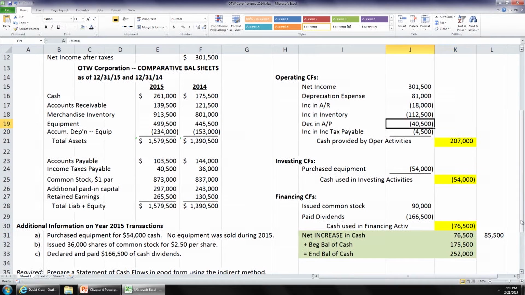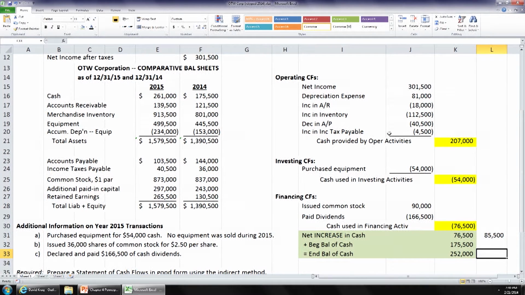So it's easy to make mistakes, but the beautiful part of a cash flow statement is you know those three numbers in yellow have to equal 85.5 to the positive, because that is in fact our change in cash. So if I was doing this, I would say, uh-oh, this doesn't add up to 85,500 like I need it to. It's off by 9,000. So the first thing I would do is see if something is 4,500 that went the wrong way.